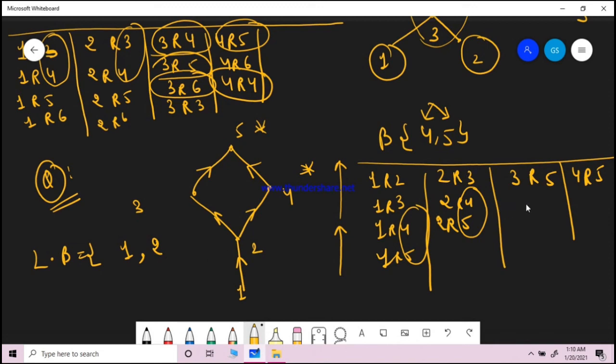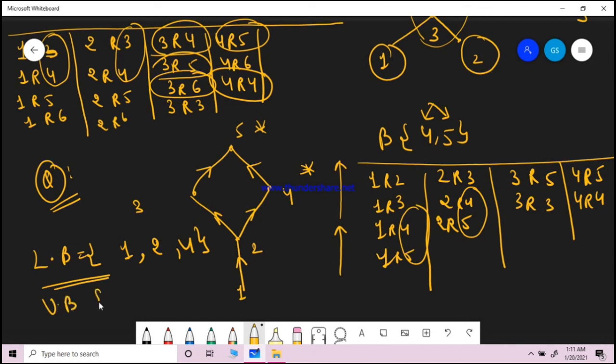Okay, and 3 cannot derive 4. 3 cannot derive 4. Now 4 can derive 4. So 4 can also derive 4 and 5. So this is your lower bound.